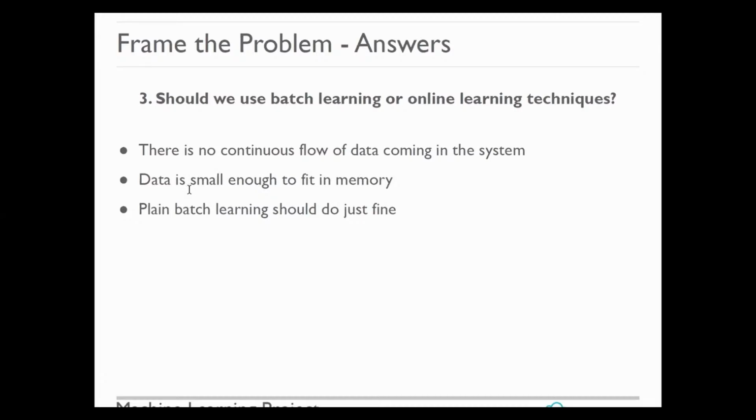All 20,000 data points are already available with us, so we can do batch learning. If data is available only partially, then we can use the online learning technique. But since the complete data is available, here we will do batch learning.